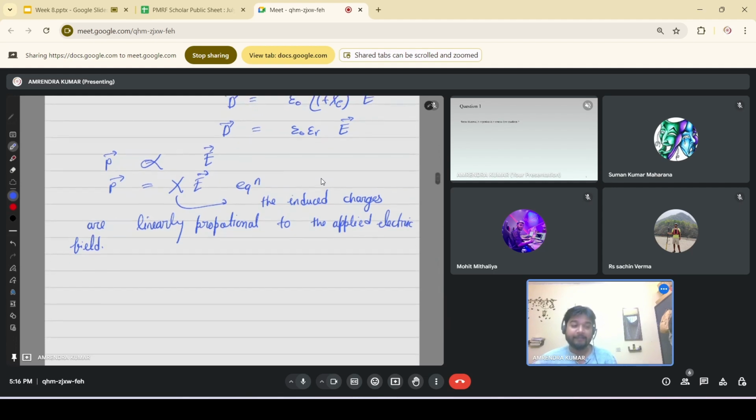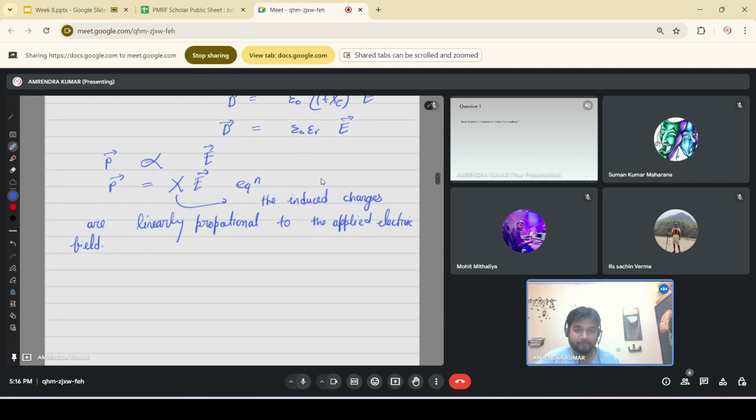Whatever field you apply, some charges are induced in the medium, and they are linearly proportional to the field strength you have applied. And this linearity says that it's a linear medium.